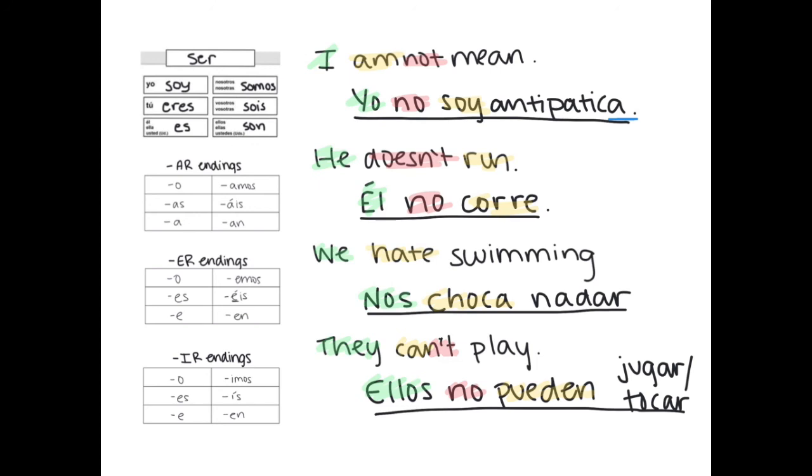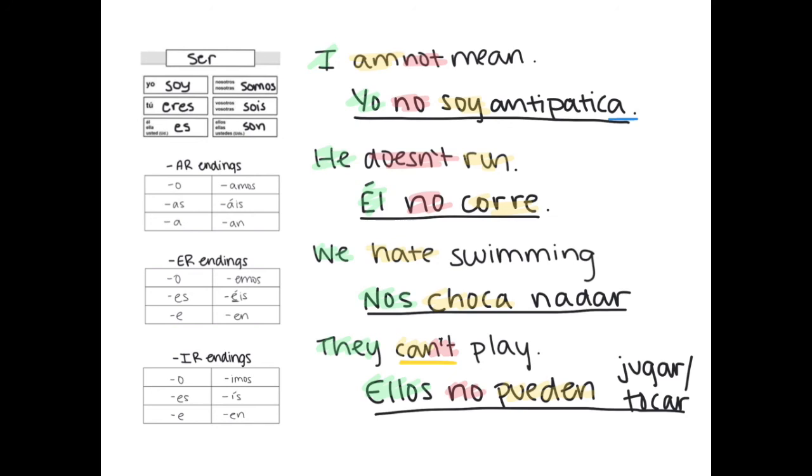If you're talking about playing an instrument, you have tocar. So either one is fine. But for this one, because of this can't contraction here, you have to split it up. So they cannot play would be ellos no pueden jugar or tocar.